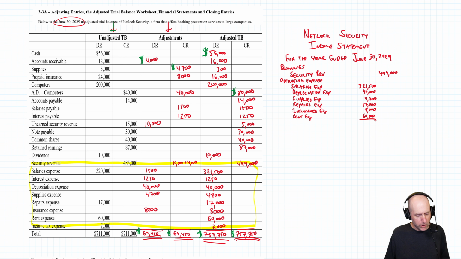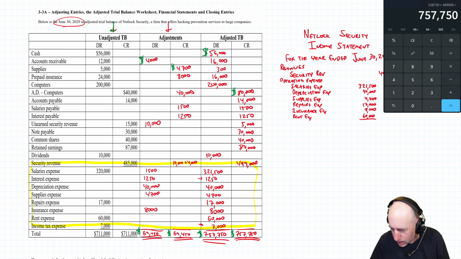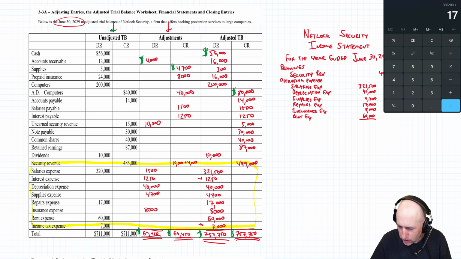Okay, so that's it for our operating expenses because we left off interest and we left off taxes, which are non-operating expenses. So let's total this up. There's my calculator. 321,500 plus 40,000 plus 4,700 plus 17,000 plus 8,000 plus 60,000.